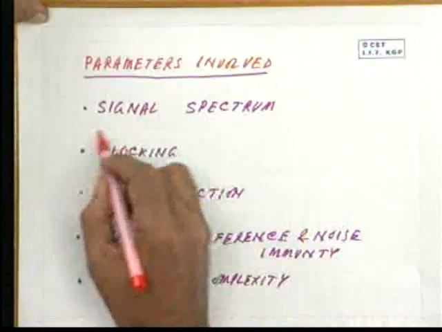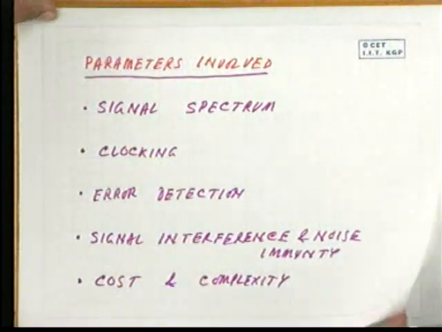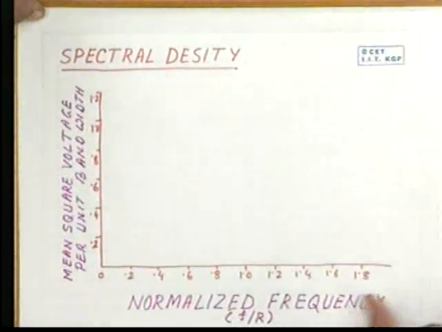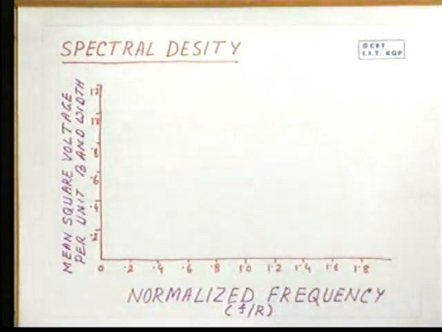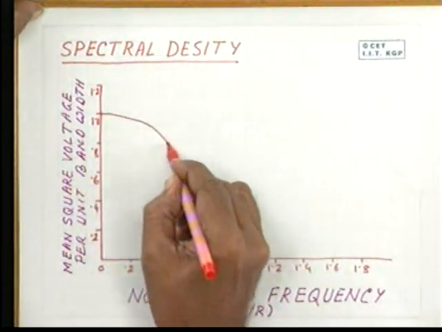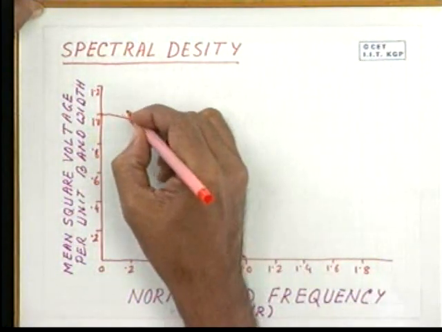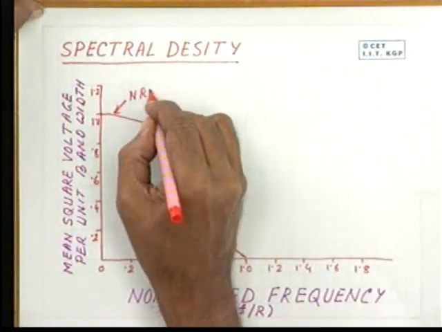And let us look at the spectrum. If you remember, we discussed the important properties, signal spectrum. What about the signal spectrum of this particular signal? So this is the signal spectrum for NRZ-L.